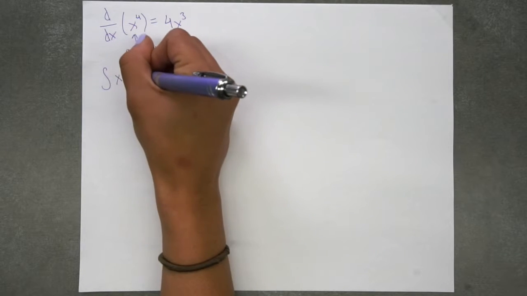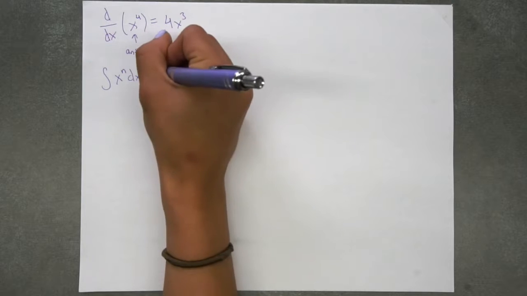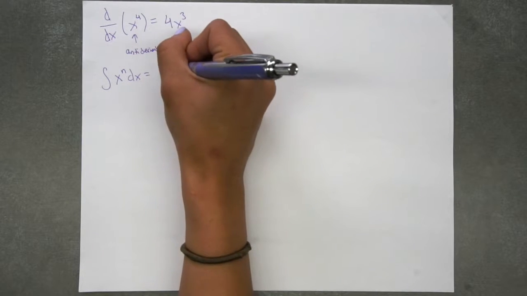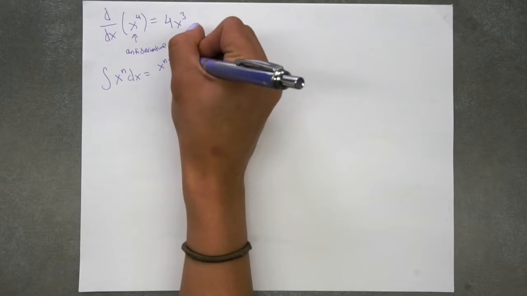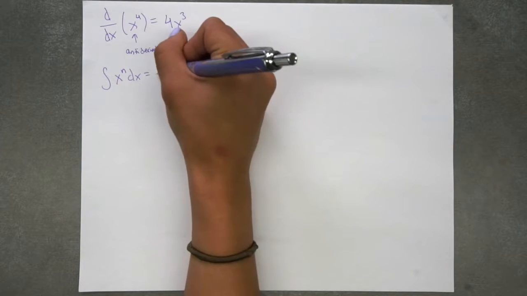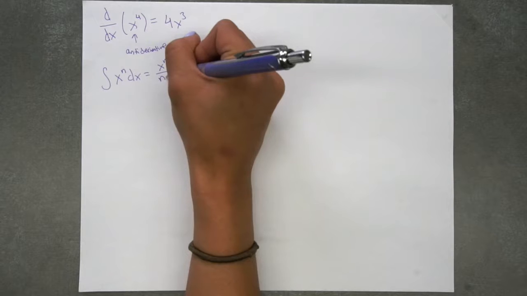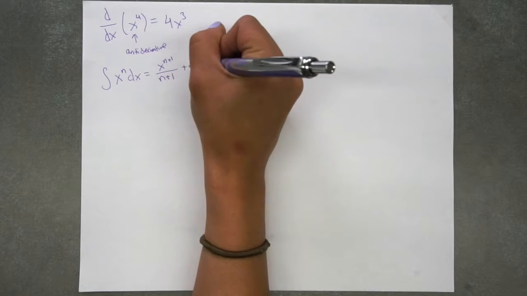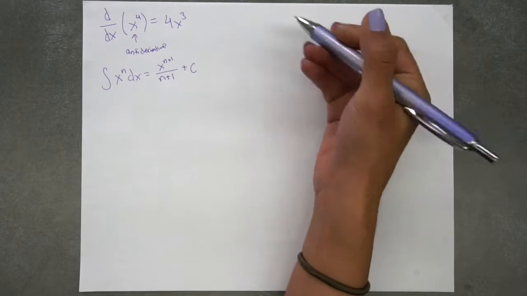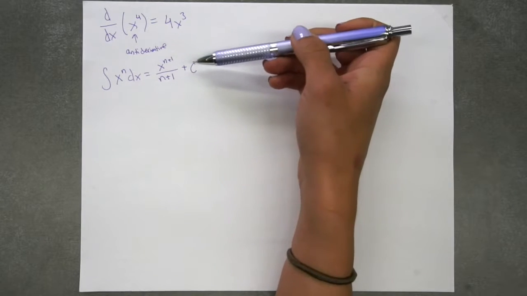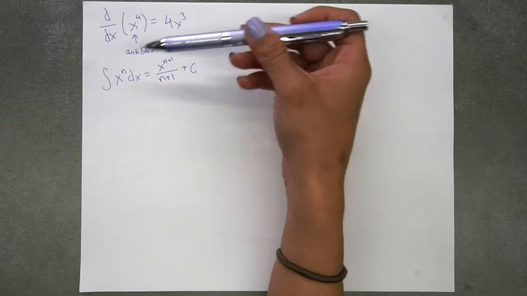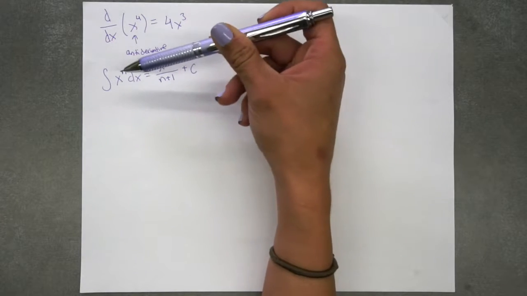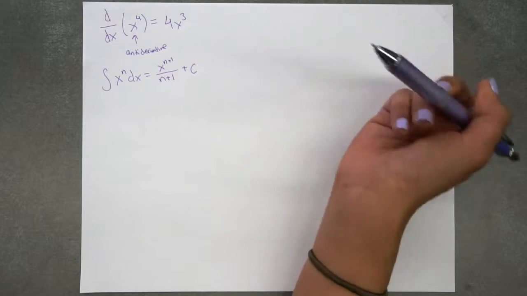So if we have x to the n power dx, the antiderivative of x to the n is x to the n plus 1, so we raise the power by 1 and divide by the new power. So divide by n plus 1, and we have plus a constant here because when we take derivatives, the derivative of a constant is 0, so it goes away when we're taking the derivative of it. So therefore, when we take an antiderivative, we need to add a constant term.